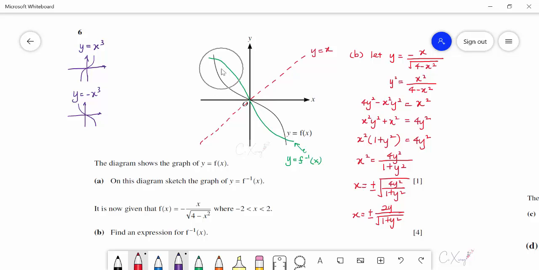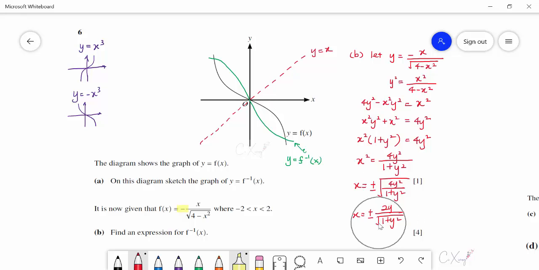Okay, so I try to link it with our first part. For the first part here, generally you can see that our graph is mainly in the second and also the fourth quadrant. And this actually matches the original function. In the original function, we have a negative sign in front of the function, and that's why our graph is mainly in the second and fourth quadrant.